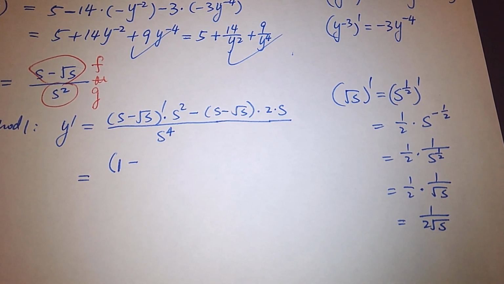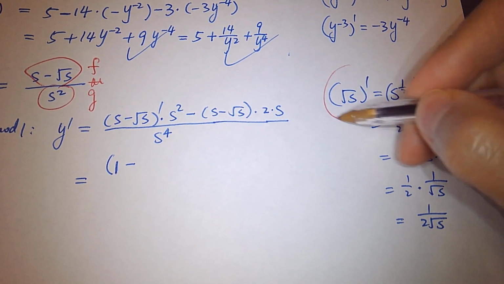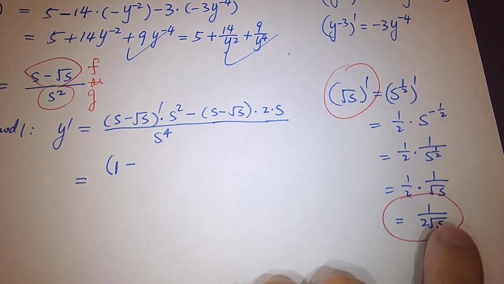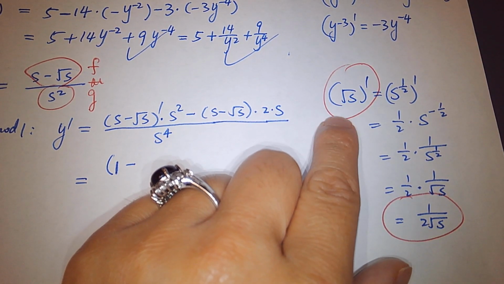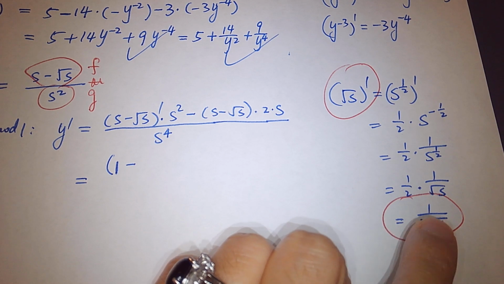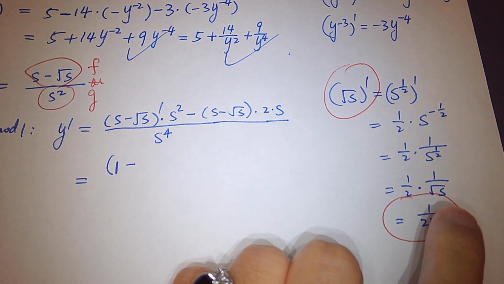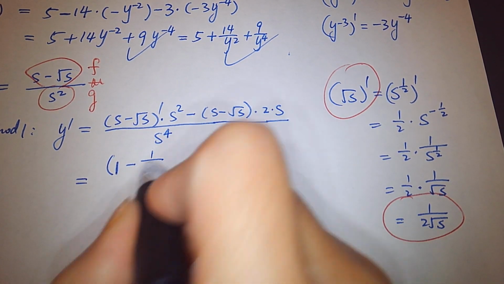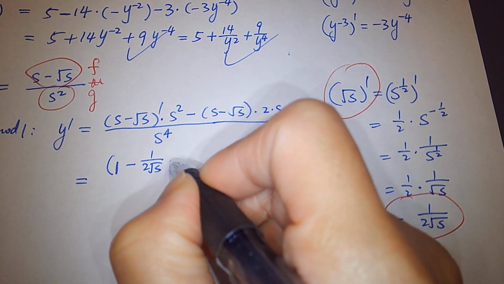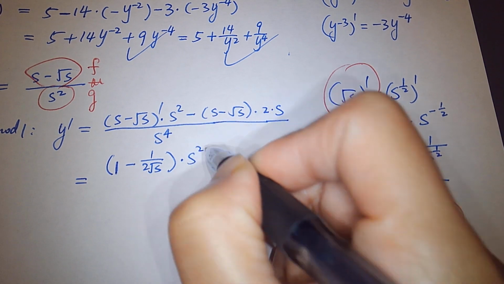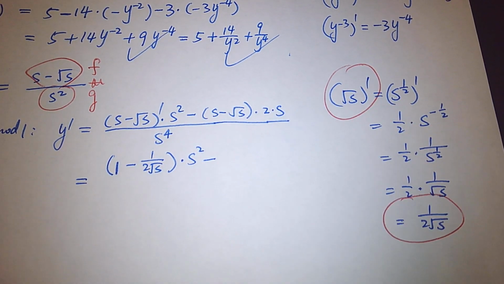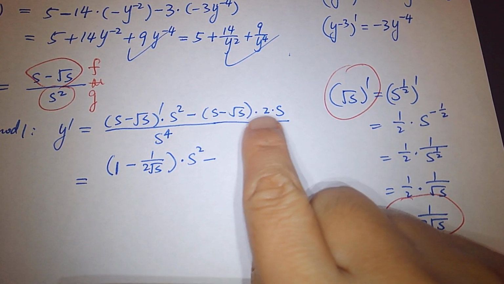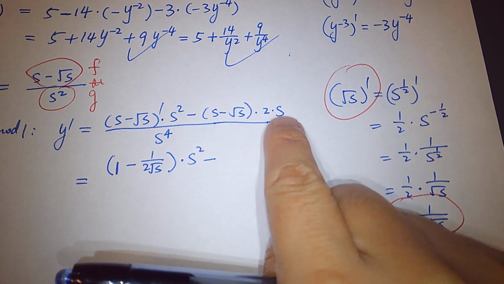I need you to remember this conclusion later. What is the derivative of square root of s? 1 over 2 times square root of s. Remember this. Alright, so the derivative of square root of s equals 1 over 2 square root of s, times s squared, minus s minus square root of s times 2s, right?